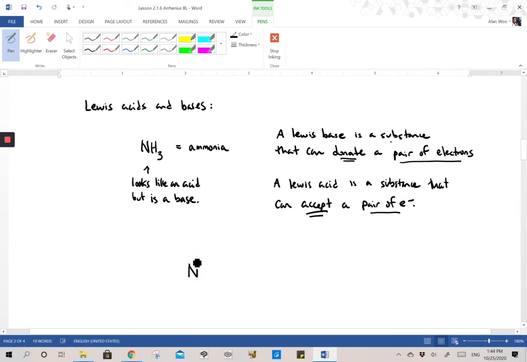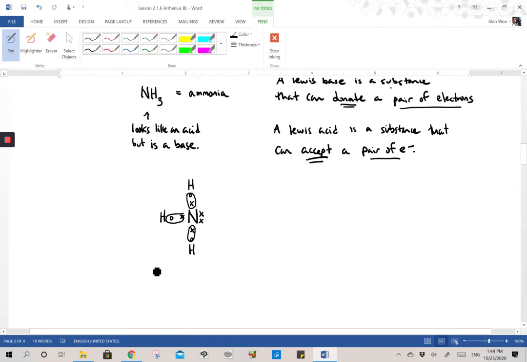So nitrogen contains 5 valence electrons. You have 3 hydrogens, and they have a shared bond like this. These are your normal regular covalent bonds. But nitrogen has a pair of electrons that solely belongs to itself. Now, because this is a base, we can identify this as a Lewis base.